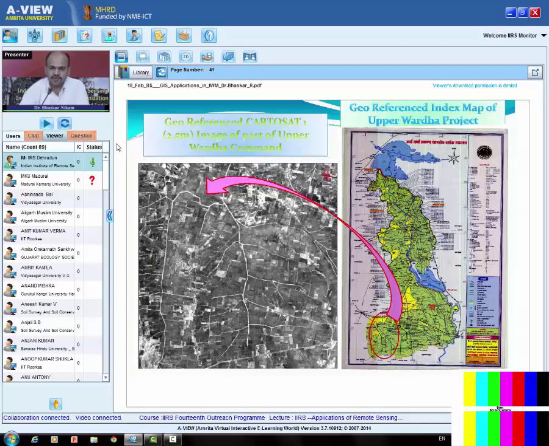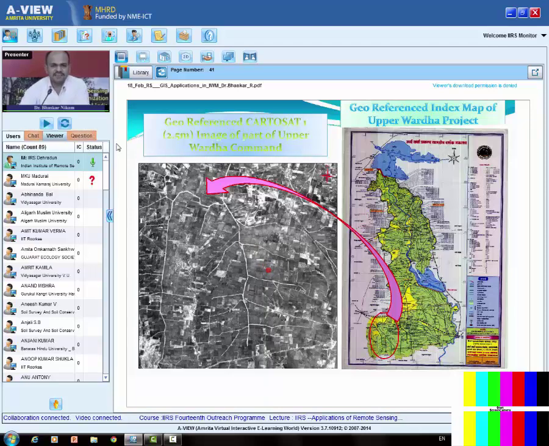Then only I can tell you whether this farmer is getting water or not. But if I convert this into geospatial data, then I just have to run a simple query which will tell me, okay, this farmer owns this land, this land falls under this particular farm, and is this farm under the ICA or not? ICA is the irrigable command area.